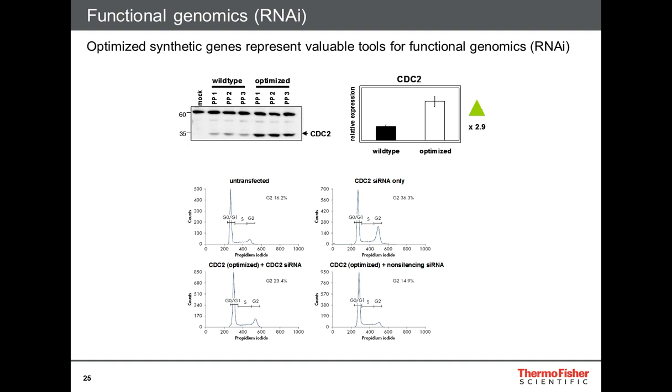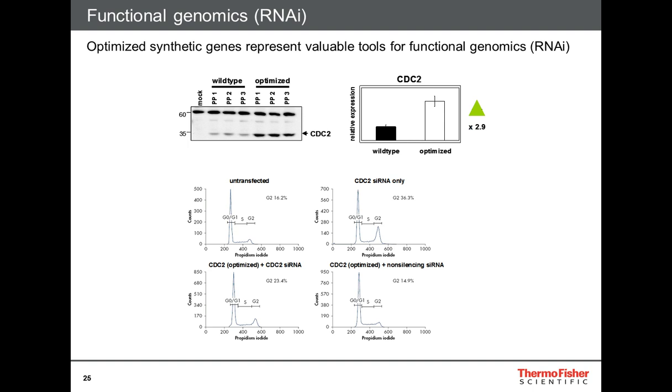And you see in the FACS plot on the top left, this is the untransfected cell. As usual, most cells are in the G1 phase, and only few cells are in the G2 phase. If we transfect an siRNA against the wild type CDC2, then more cells are arrested in G2.